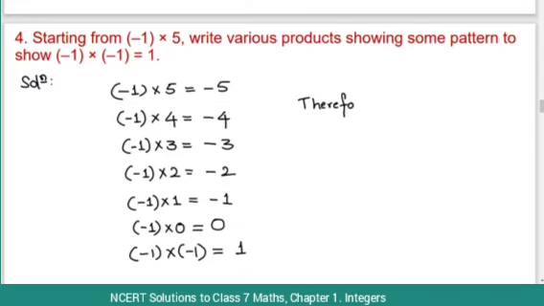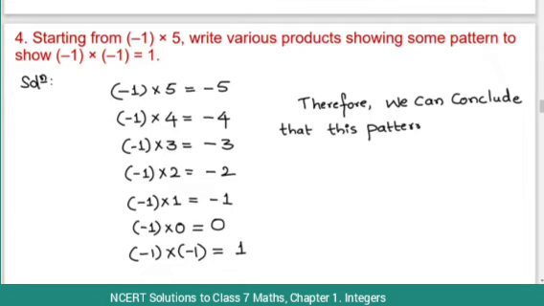Therefore, so you see the pattern here, it is minus 5, minus 4, minus 3, minus 2, minus 1, 0 and 1. Therefore, we can conclude that this pattern shows the product of one negative integer and one positive integer is a negative integer.